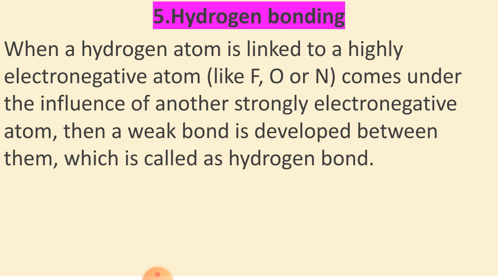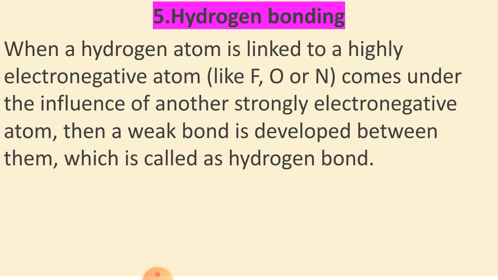One more thing you have to know: if ammonia and phosphine are given to you and the question is which has the higher melting and boiling point, in that condition you think about H bonding. Ammonia can form H bonds due to the high electronegativity and small size of nitrogen.